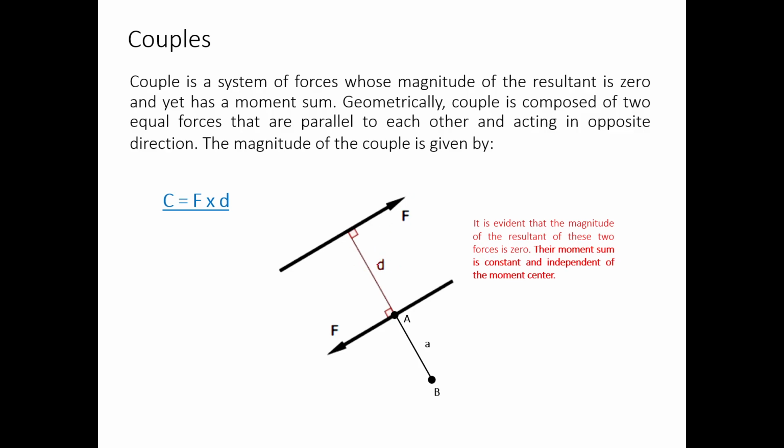So what do I mean by this? For example, I put my moment here, moment about O. So let's say this is point O. If I try to solve for the moment at point O, notice that the distance here becomes d over 2, and the other distance is also d over 2.